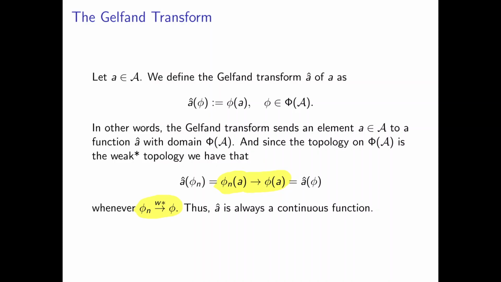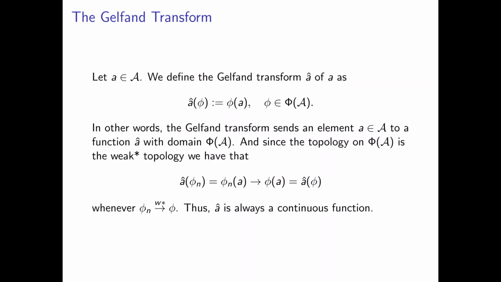And therefore any sequence of characters here, if that tends to a value in the set of characters, then naturally this A hat of phi sub n will tend towards A hat of phi. So in other words, we see that this function A hat is always going to be a continuous function.